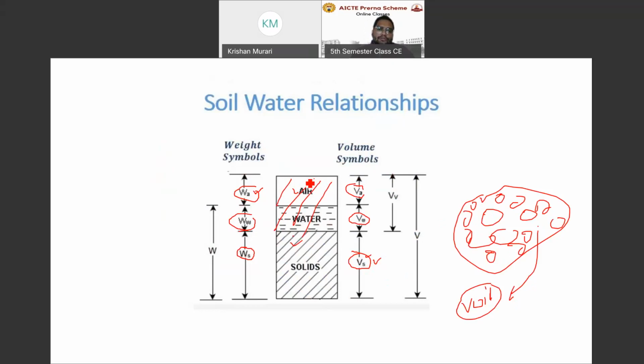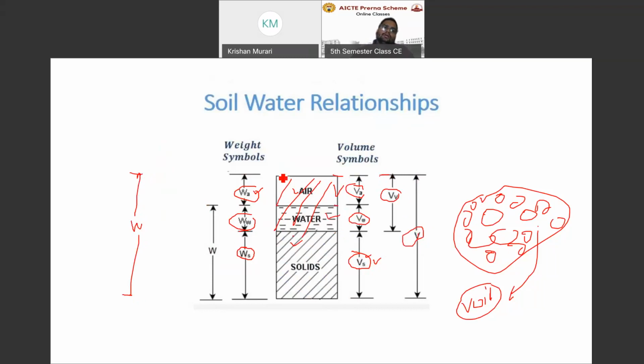If I represent the total volume of air and total volume of water in a combined form, that is called volume of voids. The total weight of soil is capital W, and the total volume is capital V.